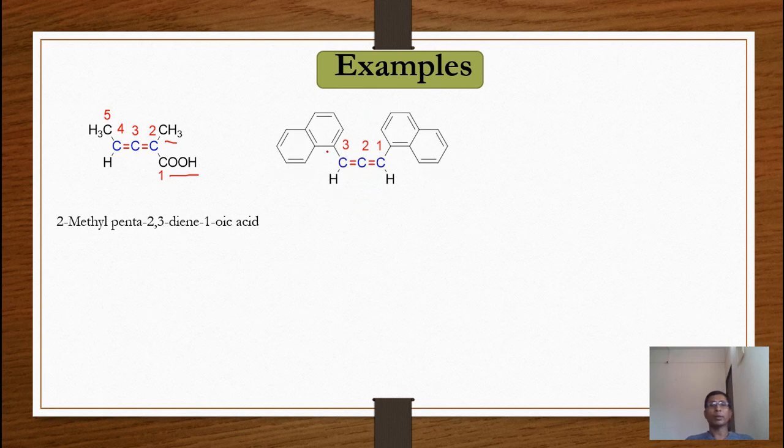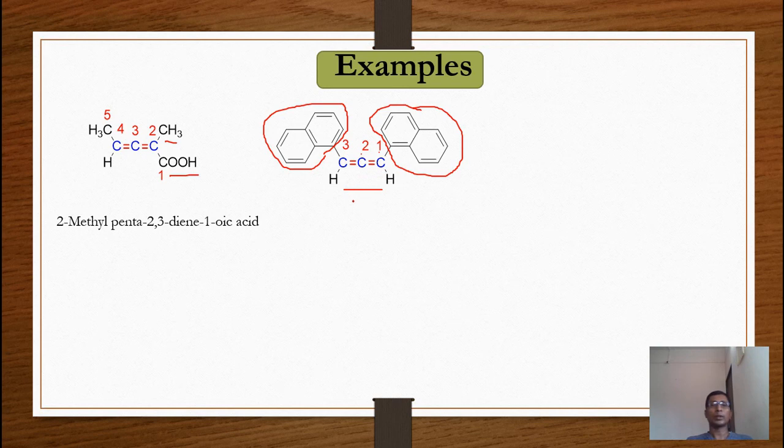In the next example, you can see there are 2 naphthyl groups. These 2 naphthyl groups are attached at position 1 and position 3 respectively. There is a longest chain of only 3 carbon atoms, and double bonds are present at position 1 and position 2.